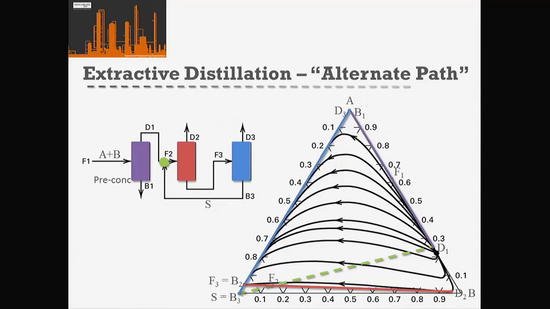Where would the solvent be added to the system initially? In reality, you would probably put the solvent... well, it depends. As I mentioned, if you have a minimum boiling azeotrope, you tend to put it in physically at the top of the column.